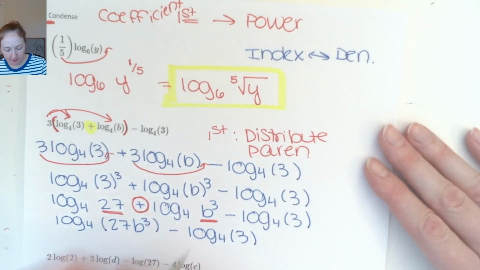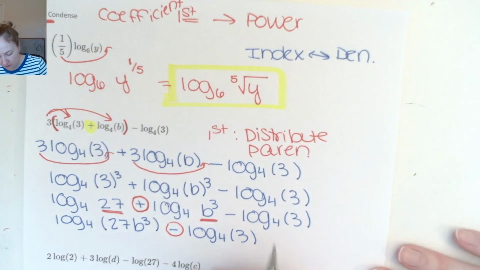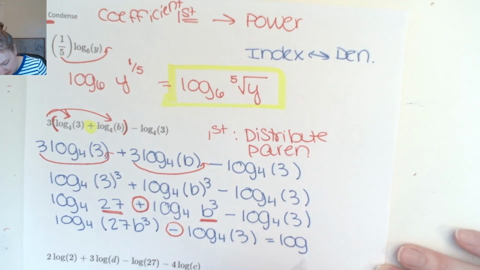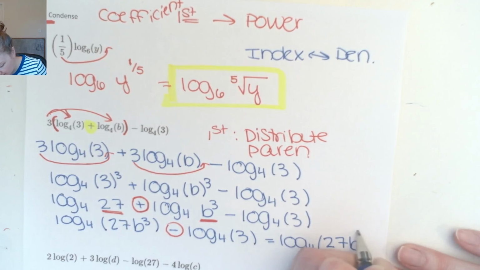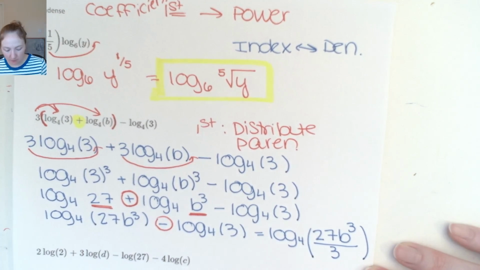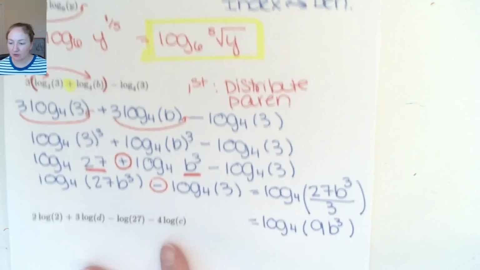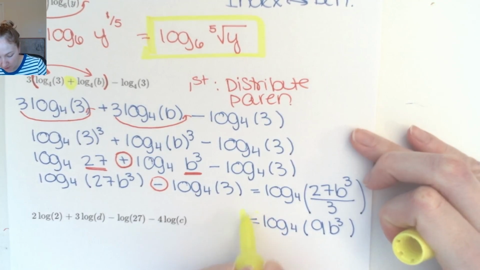And then I would say that this subtraction of 2 logarithms becomes division. So this will become log base 4 of one big logarithm, 27 b to the third over 3. And then simplify from there. So it'd be log base 4, 27 over 3 gives us 9b to the third. And that would be my condensed logarithm.